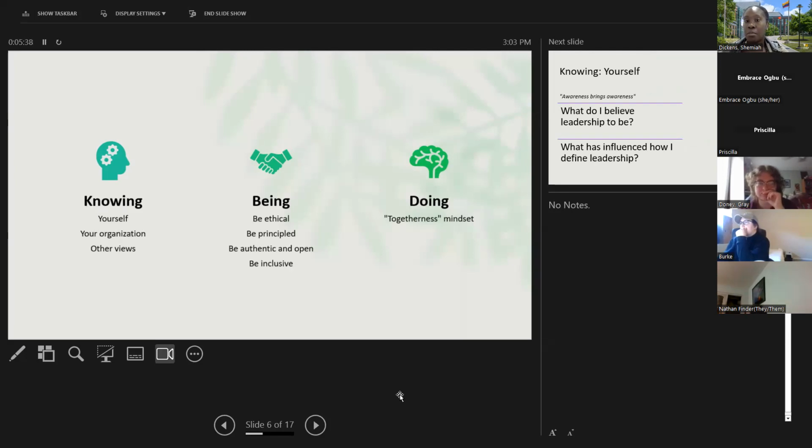When we're talking about being, we're talking about being ethical, being principled, being authentic, being open, and also being inclusive. And then doing is the togetherness mindset. So when we are talking about knowing, being, and doing, we're talking about practical ways for us to have the conversation about relational leadership. First knowing, then being, and then doing.